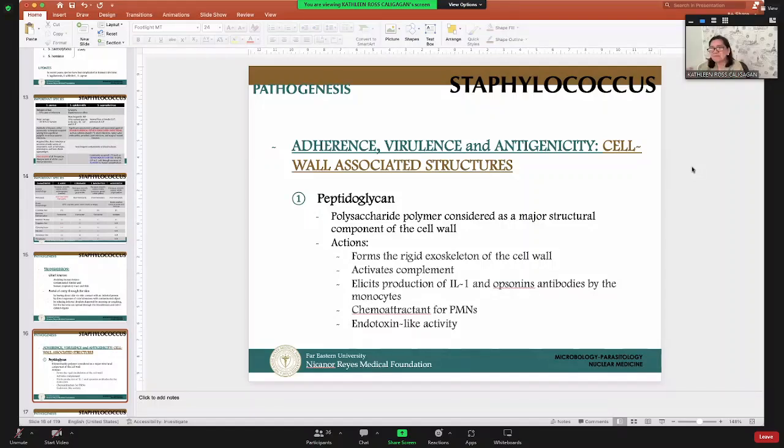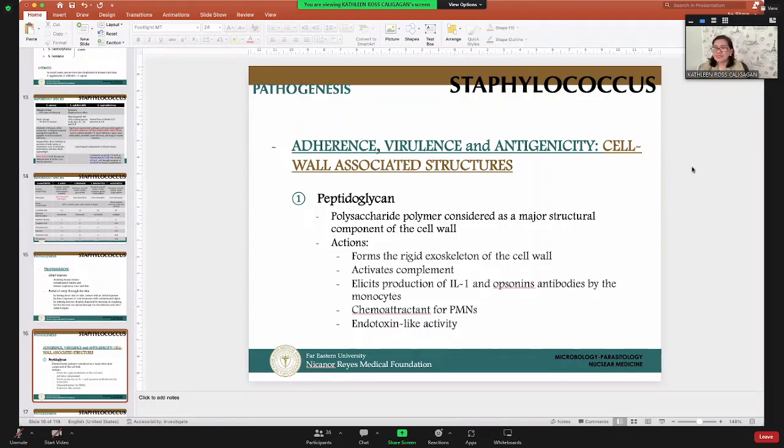So mostly these cell wall structures or components are responsible for adherence. Some primarily for adherence, some will have an antigenic function, and some have a virulence function. So first is the peptidoglycan layer.